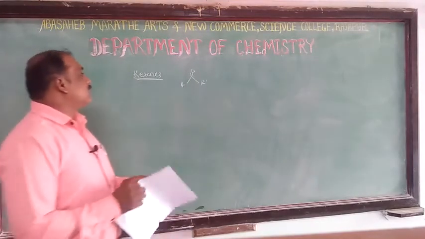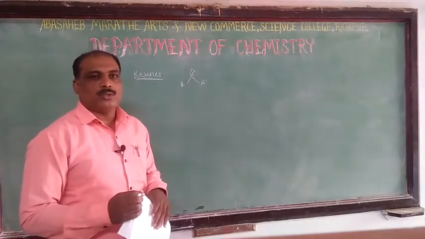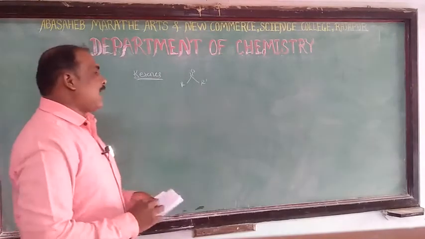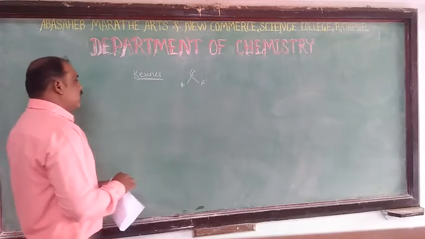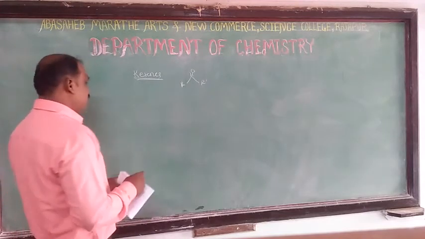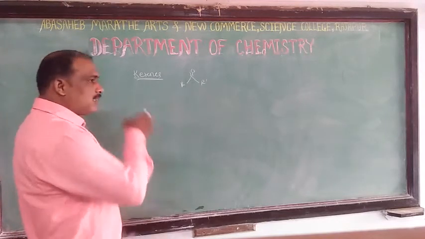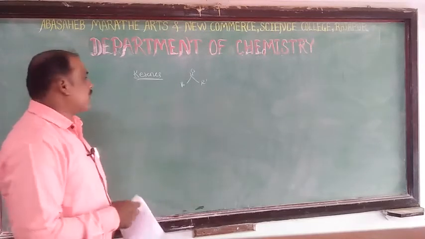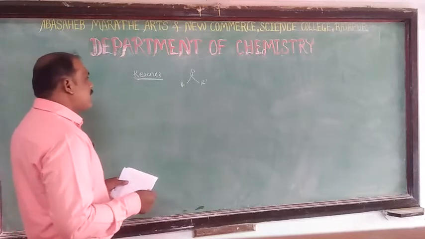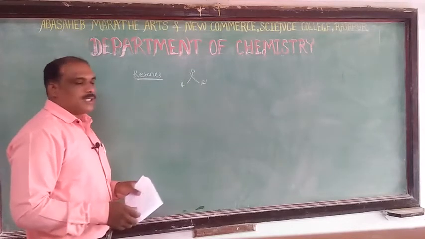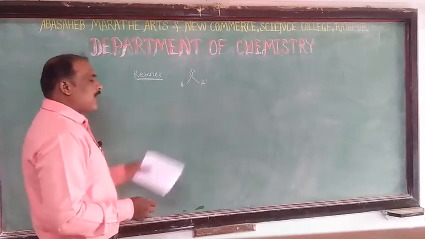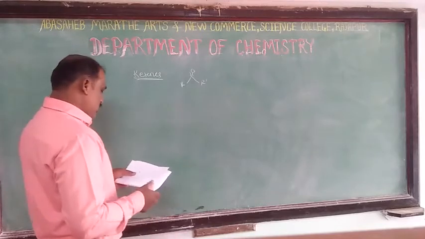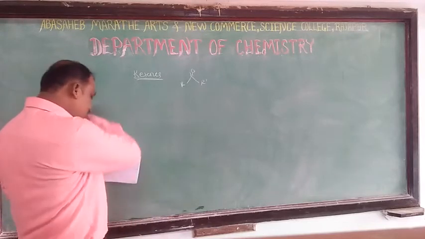So these ketone molecules are given the IUPAC name as per their rules. This number of rules we have seen in last year's course. Now we will see how to give the IUPAC name for those molecules.